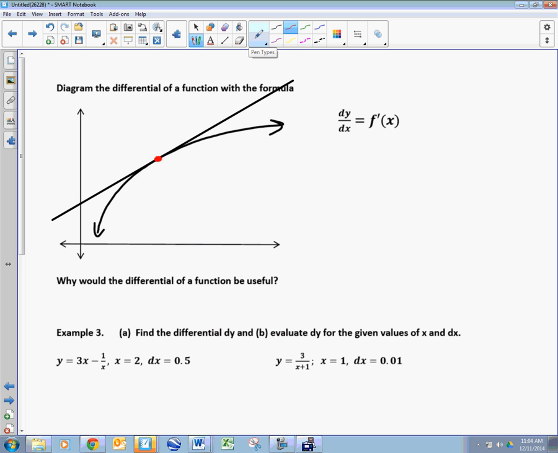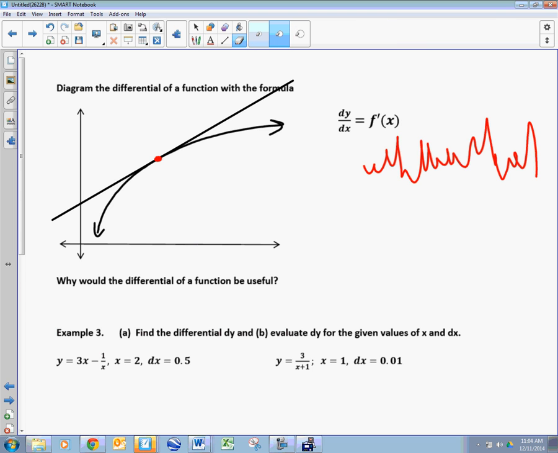Okay, so we have this function, and I draw the linear approximation of the function.